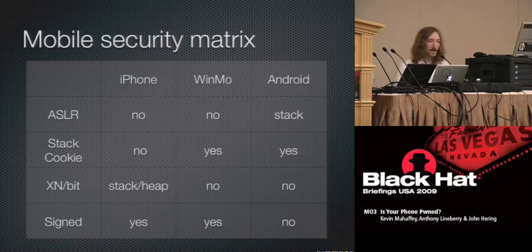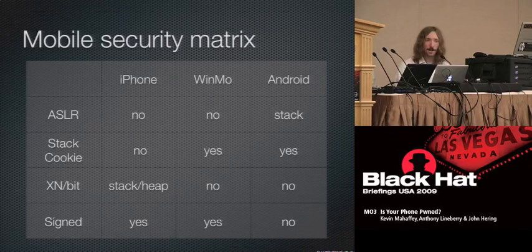Windows Mobile and Android recently, I believe as of 1.5, have stack cookies now. The Windows Mobile stack cookie is only a 16-bit cookie though, so I can't imagine it would be too hard to brute force that. The iPhone and Windows Mobile both use signed code for all their applications.